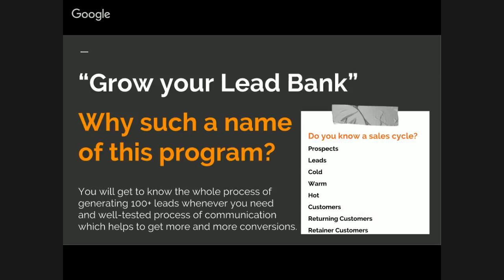Then come the customers, and those customers who come back to buy your service one more time, to buy more products from you, are the returning customers and the retainer customers. Retainer customers are the customers who take your service for a number of months and years. They keep paying you a certain fixed amount every month on a contractual basis, whatever you might have agreed with them, and they are your retainer customers.